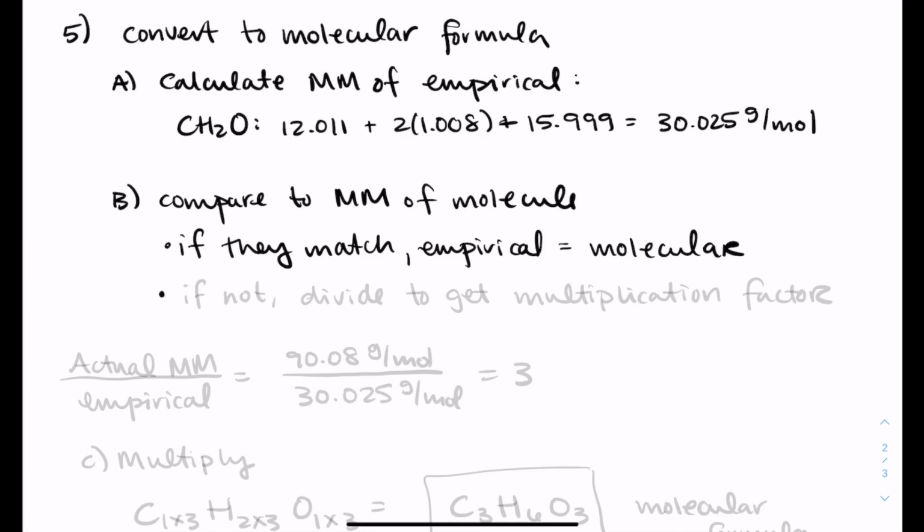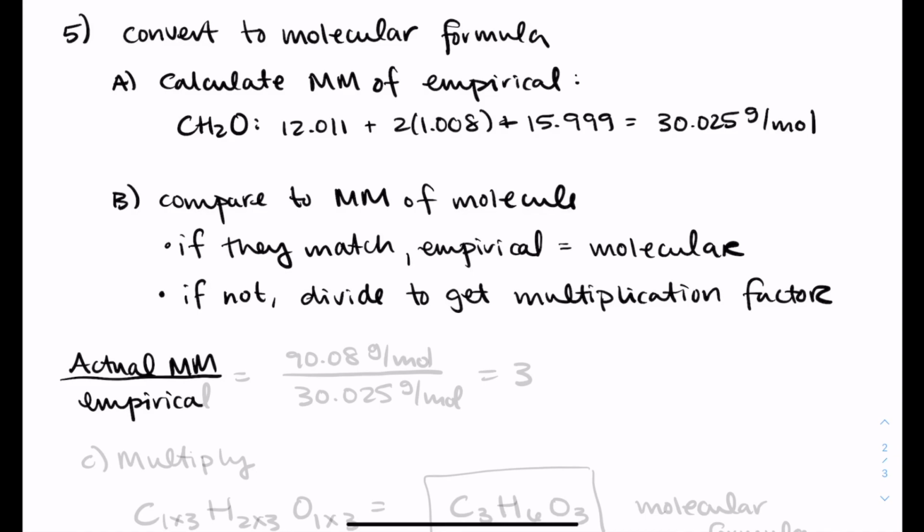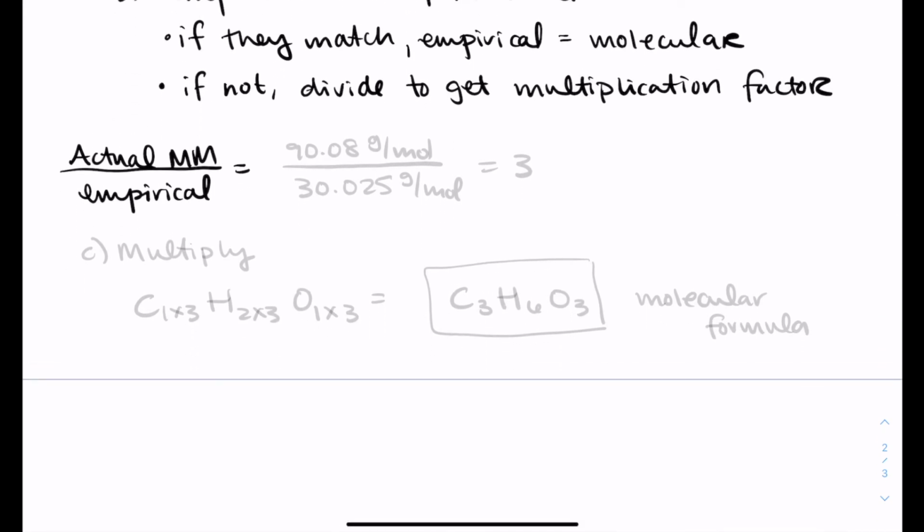If you don't have that, you can divide to get the multiplication factor. Now, in this case, it might have been a simple inspection to get the multiplication factor, which is also fine. You don't have to write the math out necessarily, except for where I say show all your work. And the way that you would set this up, if you do the actual molar mass divided by the empirical molar mass, the multiplication factor is 3.